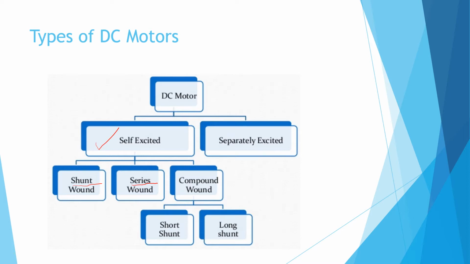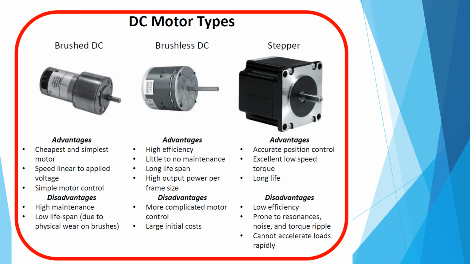In the case of the compound motor, there are two different types: short shunt and long shunt motor. DC motor types.